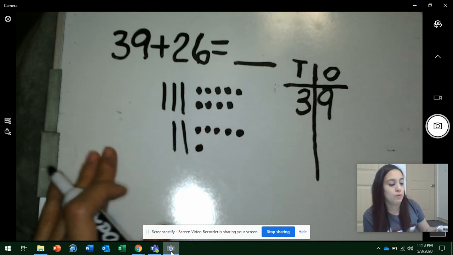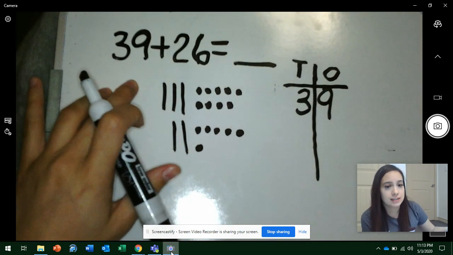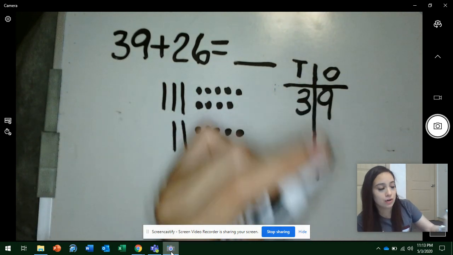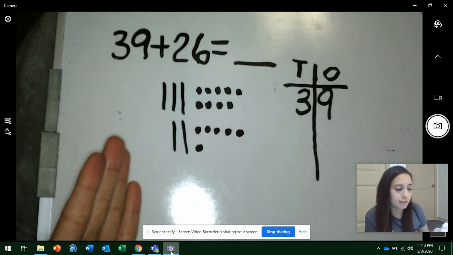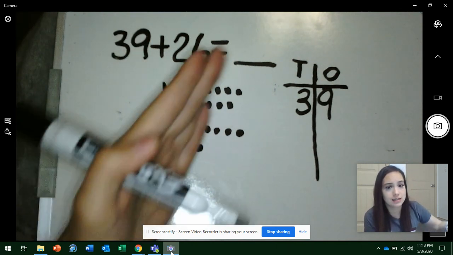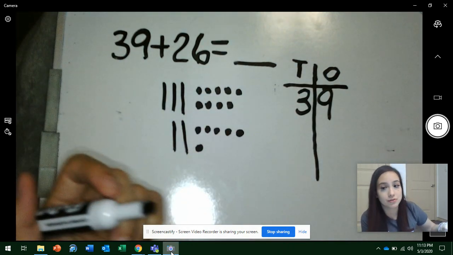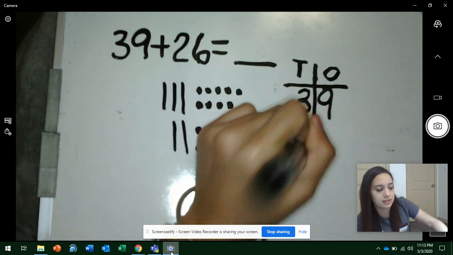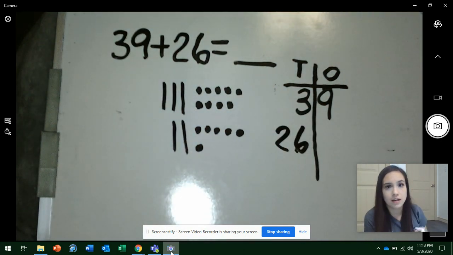Now, what we're going to add, just like we did to the first step, is we already drew it. Now we're going to write it. So remember, just like in your picture, you're aligning the tens with the tens, the ones with the ones. Here you have to align them too. Would it be right if for 26, I wrote it like this? Get ready. No, right? Because they're not aligning my picture.